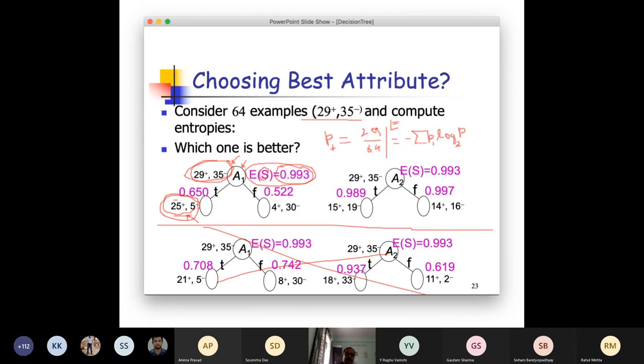You are using the same method of computing entropy for this distribution, and you get 0.650. That is also true for this one, where using the same method you get 0.52. Now, with respect to this attribute, these are the two partitions. You have computed the entropy of this partition and of these partitions.